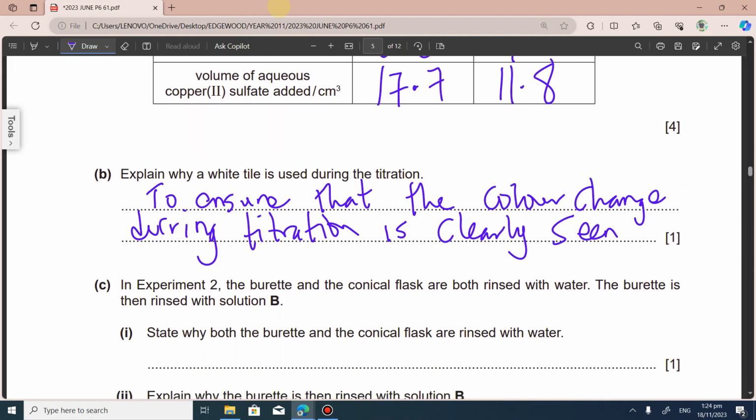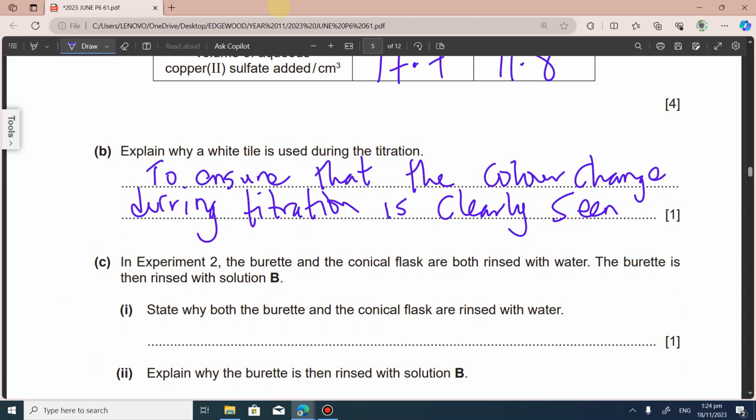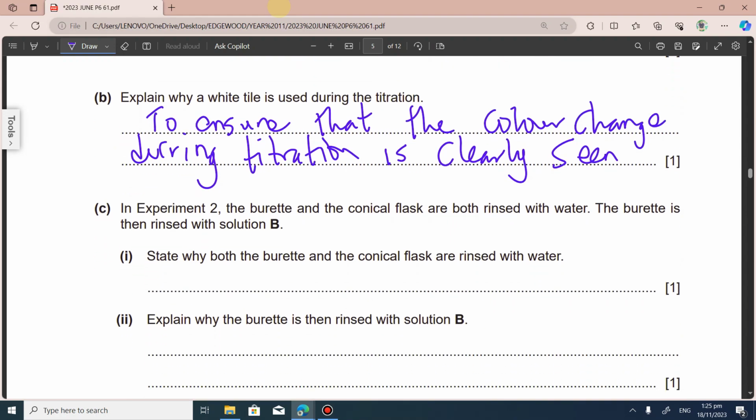Now, in experiment 2, the burette and the conical flask are both rinsed with water. The burette is then rinsed with solution B. In experiment 1, we started with solution A. After doing the titration with solution A, the next thing is to switch to solution B. But before you switch, you need to rinse the burette and the conical flask with water. Why?